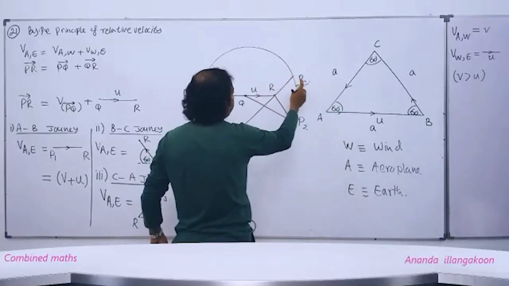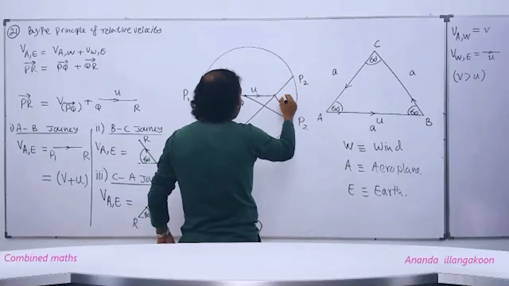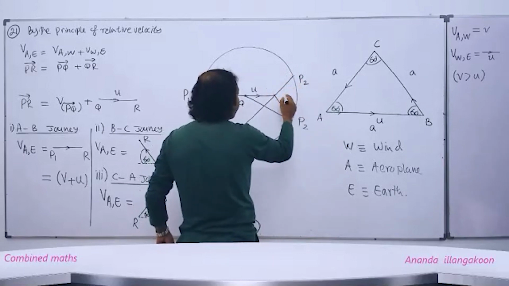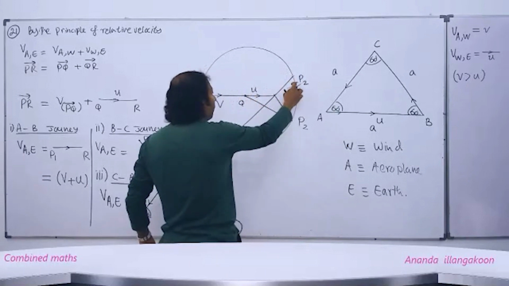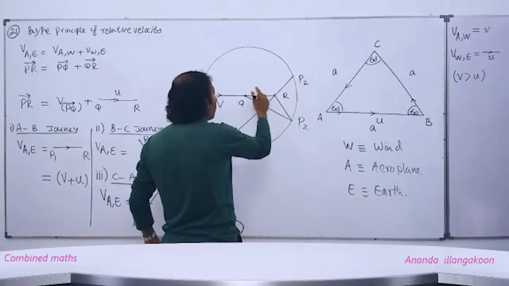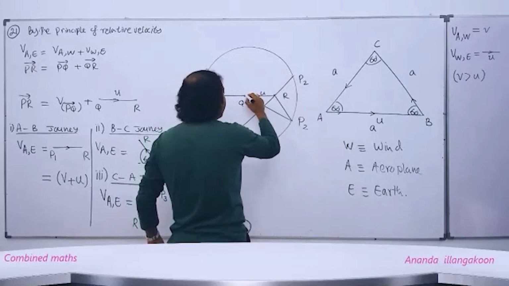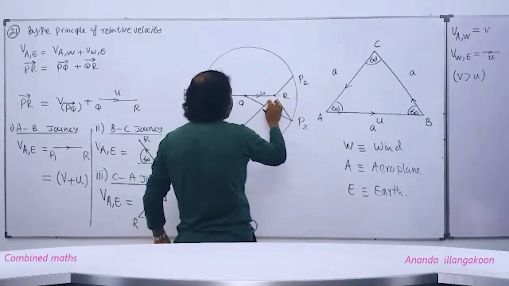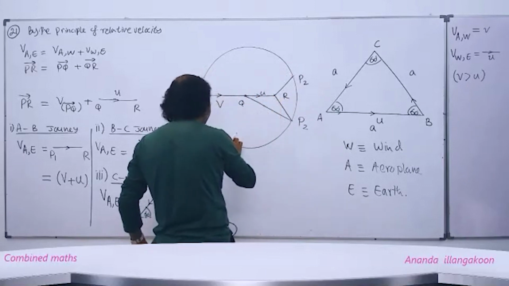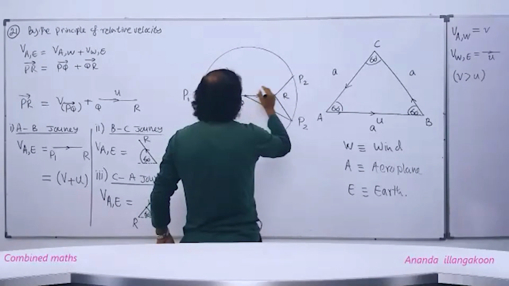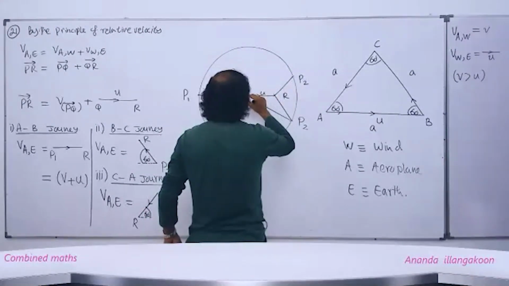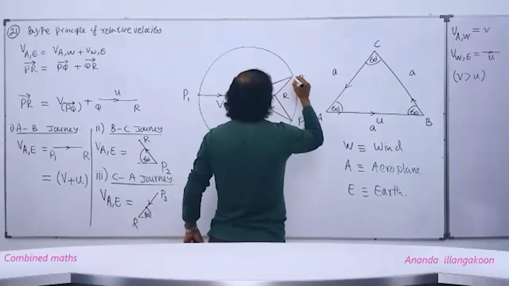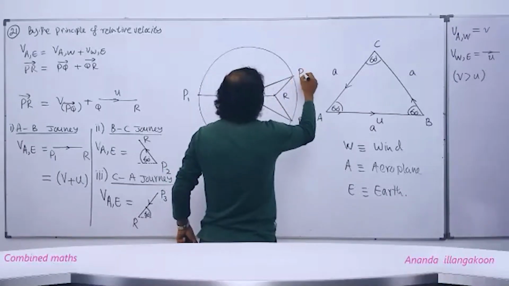Right, P2R. Then what's the triangle? P2QR, no, this is U, right? This is the triangle. Good triangle, right? So this is Q.